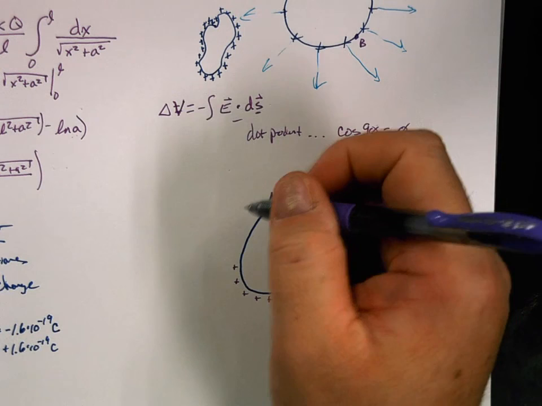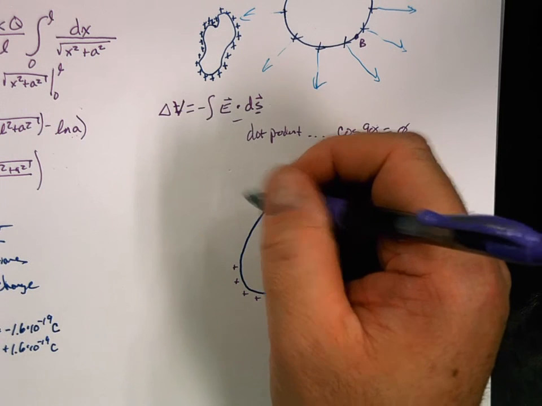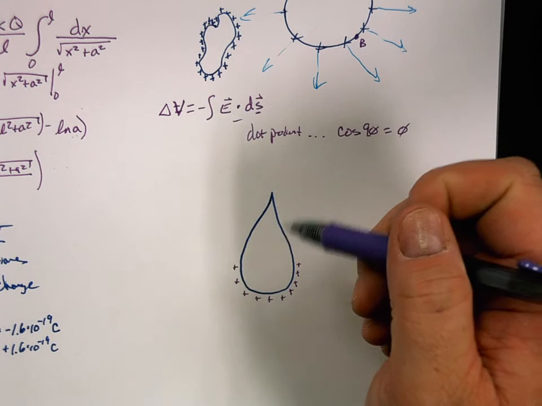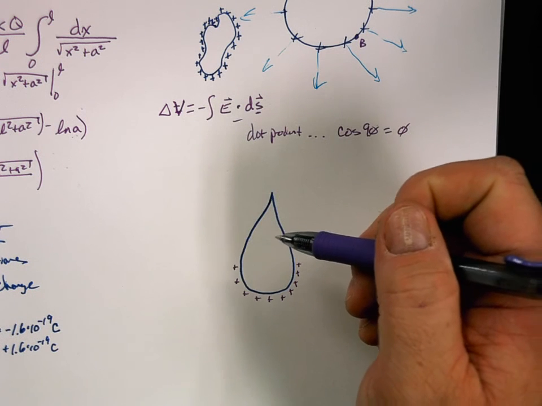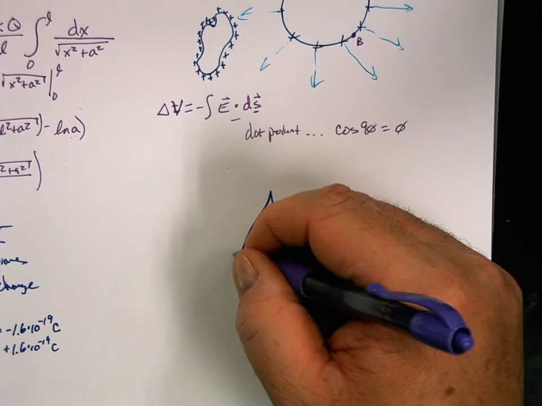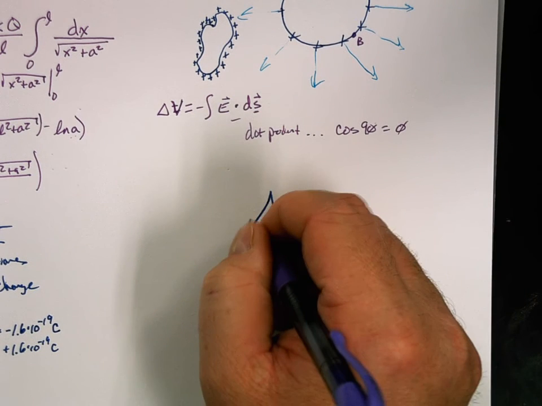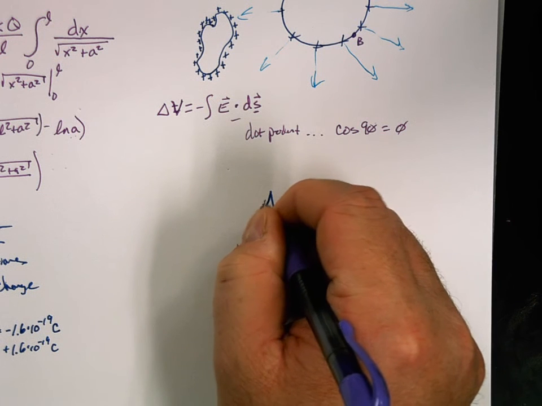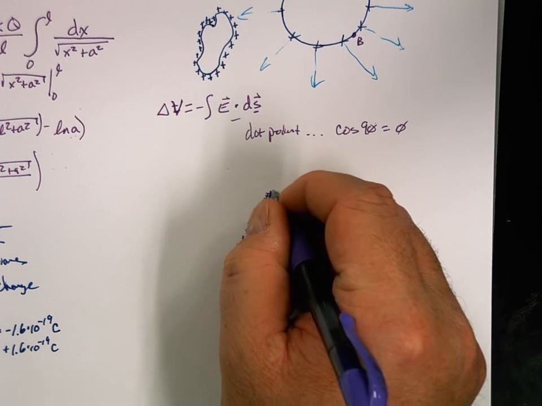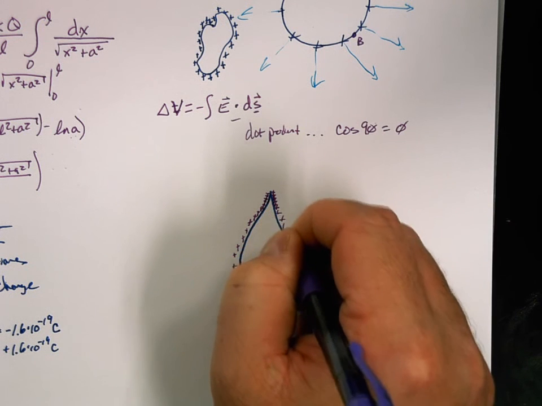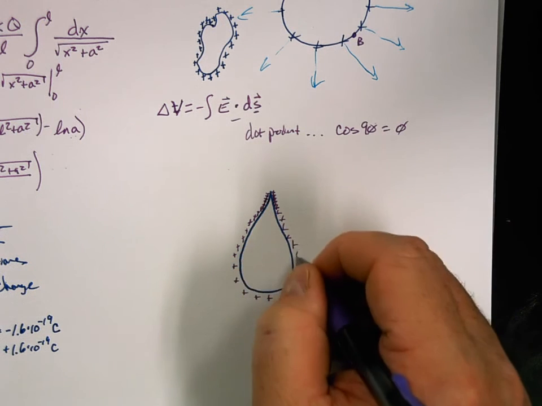So as we get closer to the tip, there are fewer things pushing it away as we continue along the surface. So the charge actually gets denser as we get to the tip.